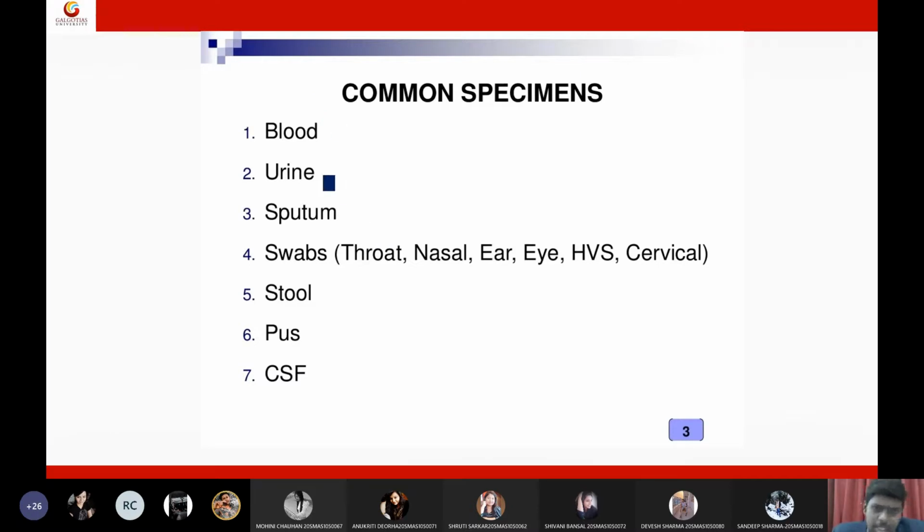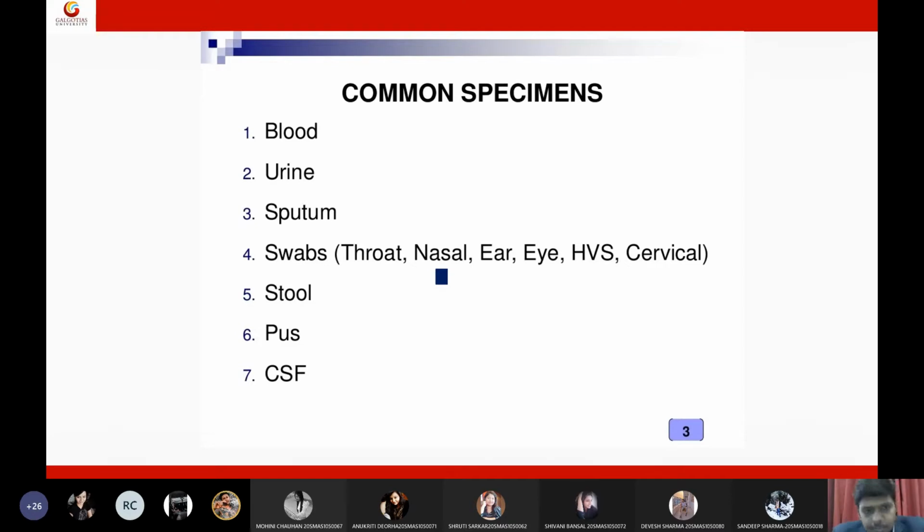Then certain viruses can be discharged through urine. Some STD viruses can be detected in urine sample. Respiratory viruses can be detected in sputum sample, or lower respiratory tract viruses can be detected by swabs. Okay, throat swab, nasal swabs.